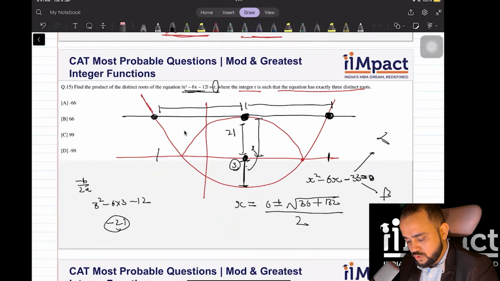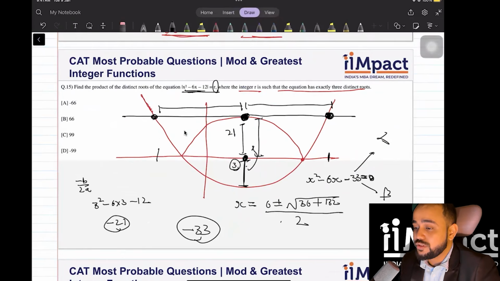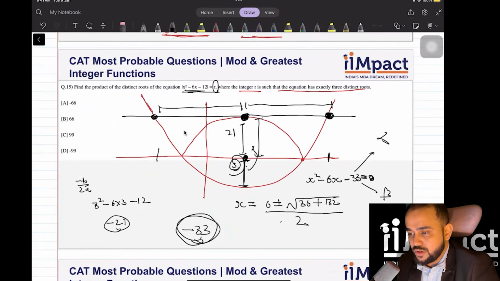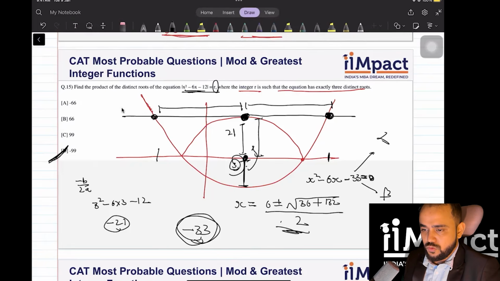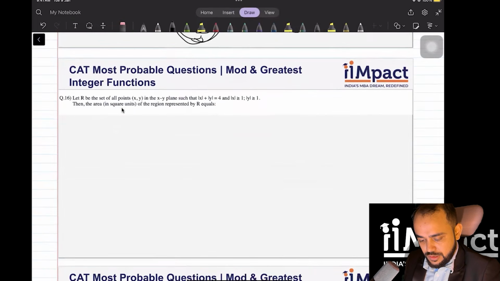So the product of the roots already is given to you as minus 33. I don't really need to find the root. So the three roots are 3, and the other two roots' product is minus 33. So your answer will be minus 33 into 3, which is going to be minus 99. You don't really need to find the individual values of the roots. So that's an oversight on my part. You can find the values, but again, not really required. So the answer will be D for this question.